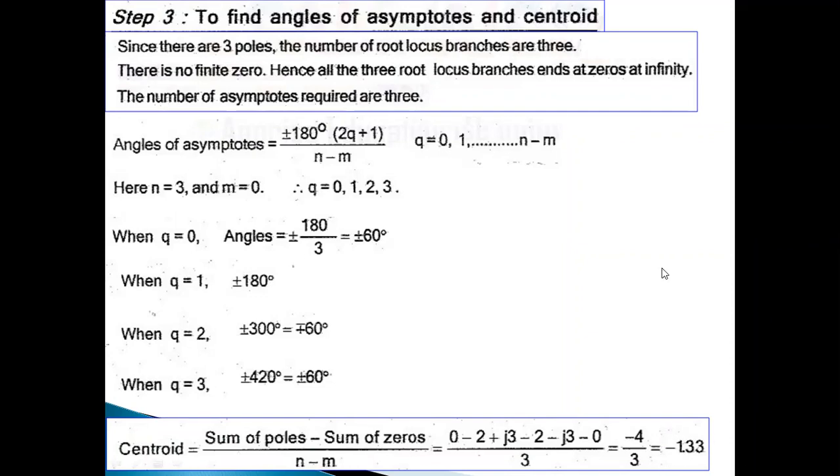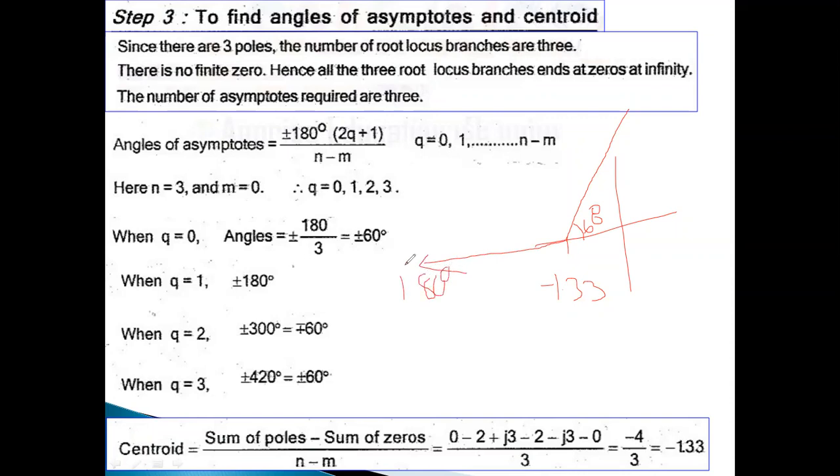That means at the centroid, the root locus branches start. Again, we have to make a 60 degree angle, so we draw the first asymptote. From this point, the second asymptote is at 180 degrees.